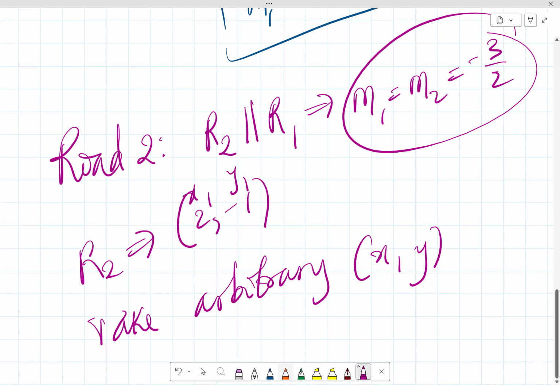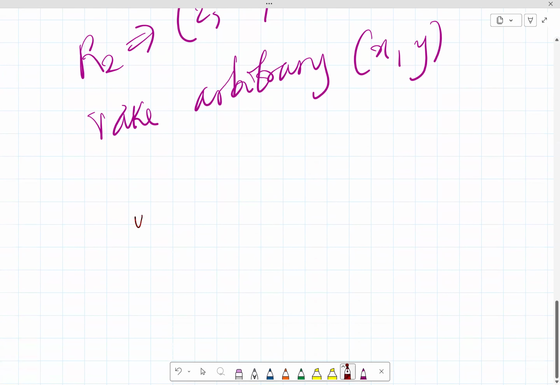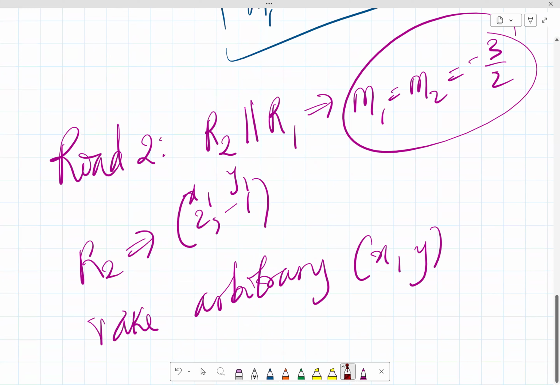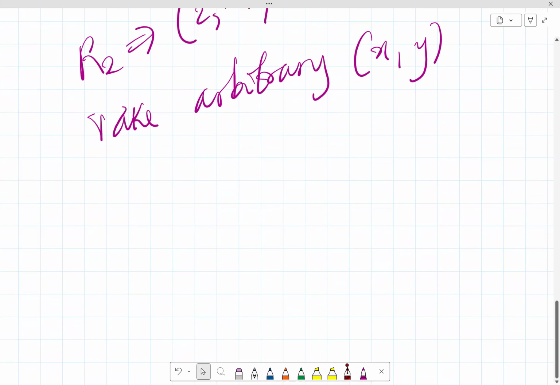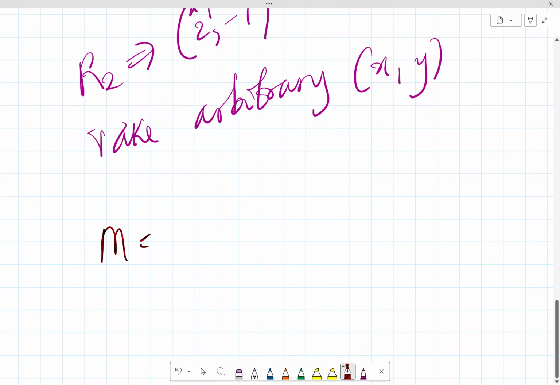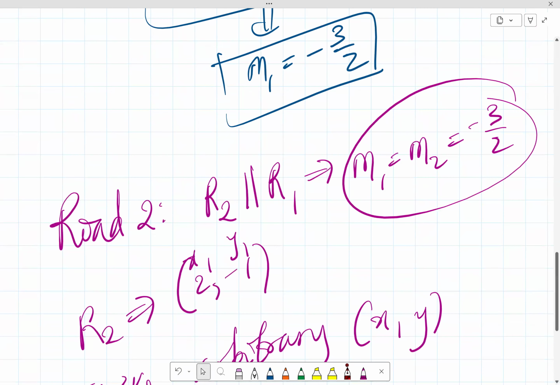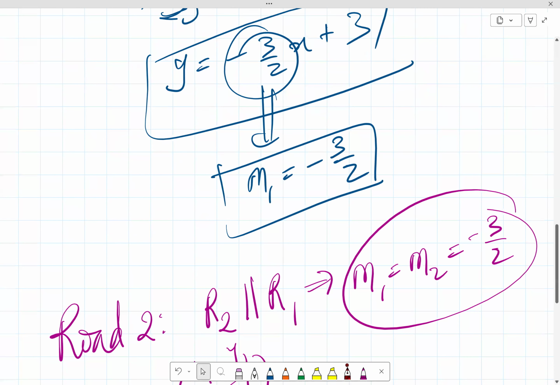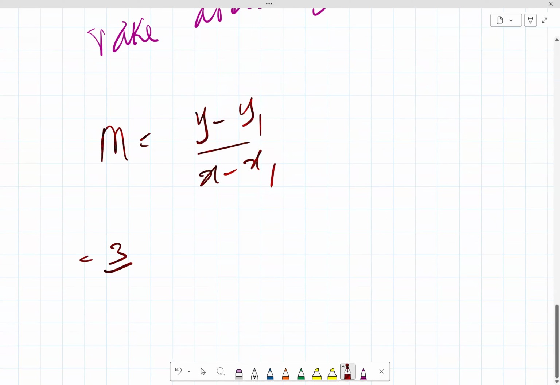With all of this in place, the slope m is equal to (y - y1) over (x - x1). We know the m already, because since the two roads are parallel, the slopes are the same. So we have -3/2.